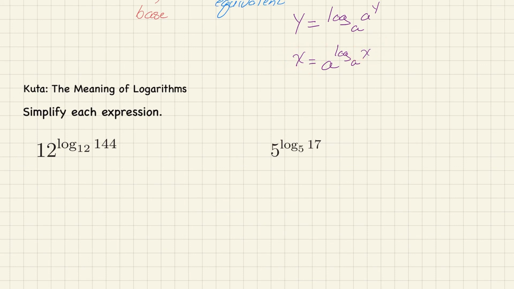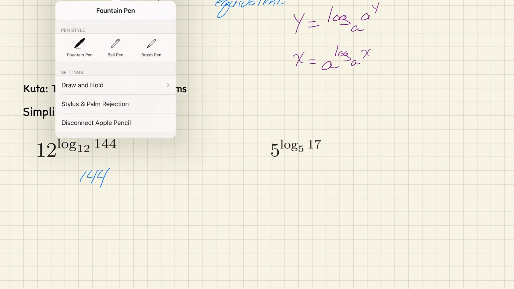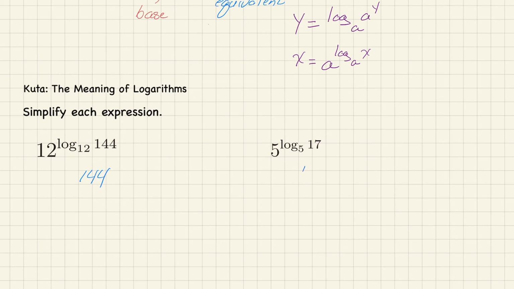So 12 raised to the log of 144 base 12 is 144. Same thing for our second example, 5 raised to the log of 17 base 5. Our argument is 17, therefore our answer will be 17.